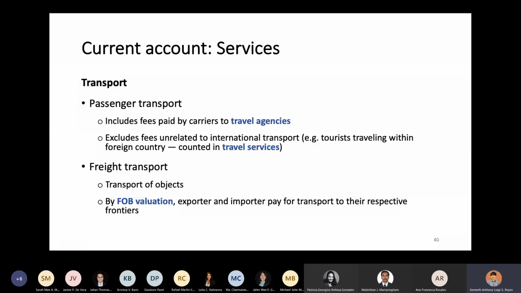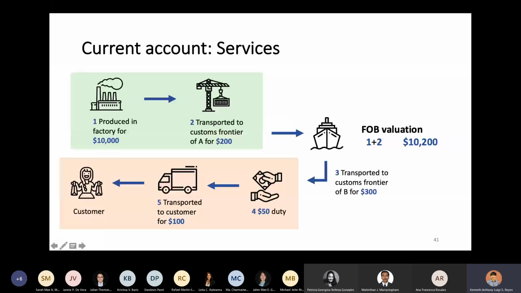And because we use FOB valuation, we have to make sure that we are counting freight where it needs to be counted. So let me make that more concrete. Let's go back to the example earlier. We have FOB valuation here, which means that all the costs within the green territory are what we will use to value the good being exported.